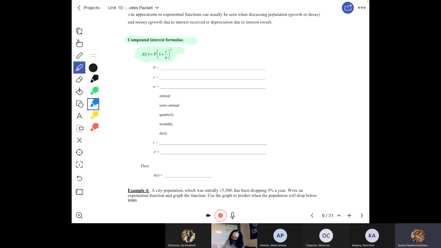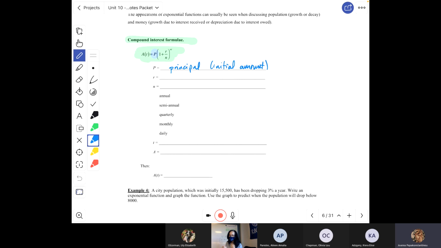So P, this little P, is your principal. It's the initial amount. Principal is the initial amount. So you may go to the bank and invest some money. That's the money you're investing. Guess what R is? Can we guess? The annual percentage rate. Yes, you are correct.